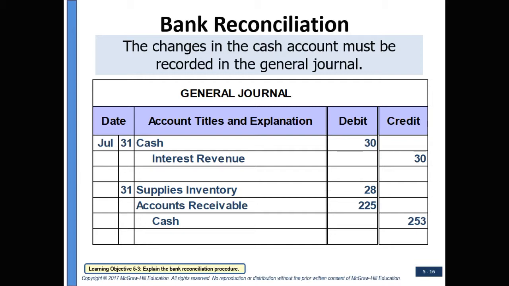And then the accounts receivable, you would do an accounts receivable debit for $225, credit to cash for $225, and then in the explanation and description, you would say check number whatever returned NSF from customer whoever it is. This provides enough detail that when we're going back, it is much easier to track and trace.